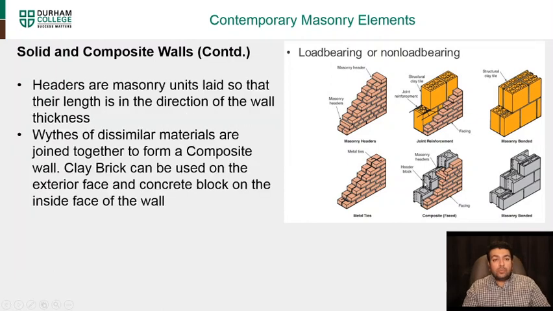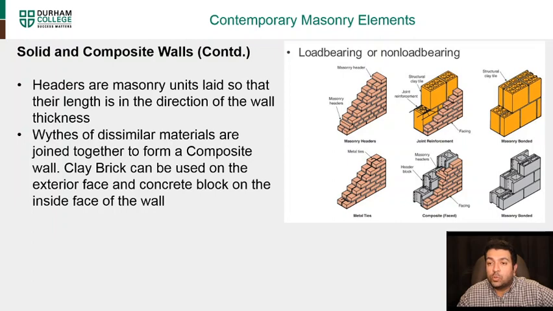A solid composite wall. A header is a masonry unit that's laid across the width of the wall, and the widths of dissimilar materials are joined together to form a composite wall. So you can have a clay brick used on the exterior face and a concrete block used on the inside face. So you can see here you have a clay brick and a normal brick on the outside, and that's the facing, and the inside is the structural clay tile.